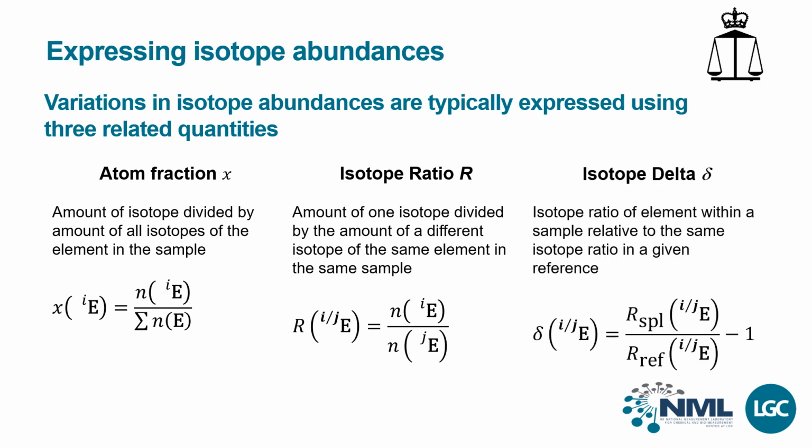Lastly, the isotope delta value. This represents the isotope ratio of a sample relative to that in a reference. If an isotope delta is positive, then the sample contains more of the numerator isotope than the reference. If the delta is negative, then the sample contains less of the numerator isotope.